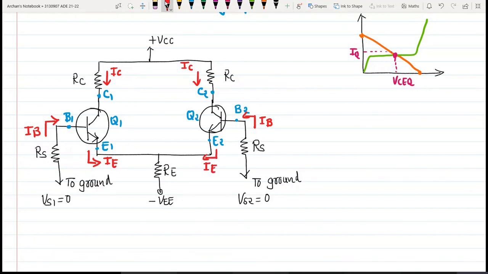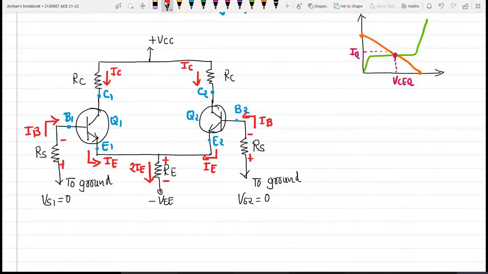This current will flow through emitter resistance RE, 2 times the IE, causing a drop across RE, and this base current IB will cause a drop across resistance RS.